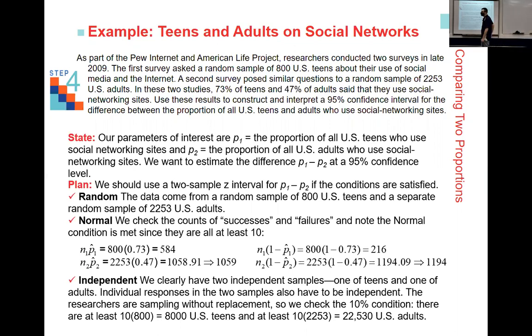That's different from the hypothesis test when we were using the null hypothesis. With confidence intervals, we are just estimating with our p hat, which means that we're checking n times p hat and n times 1 minus p hat in our step 2.